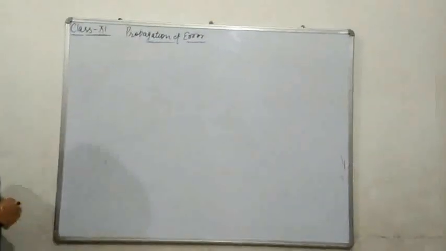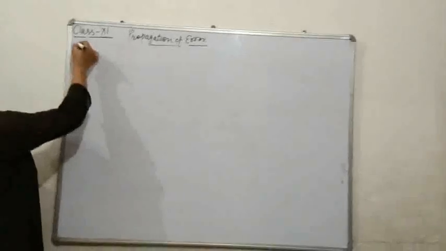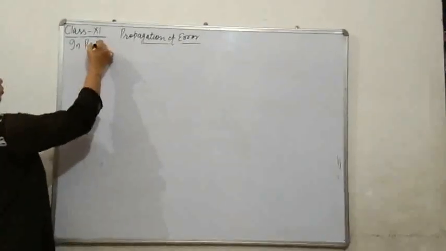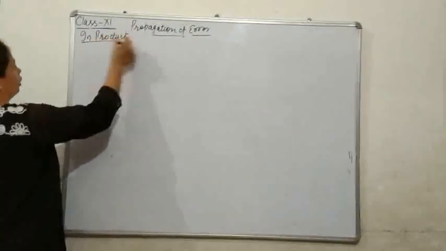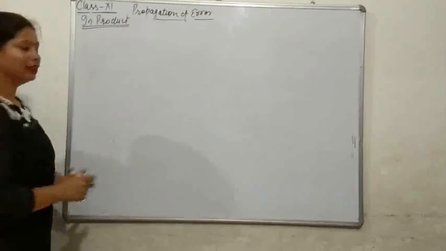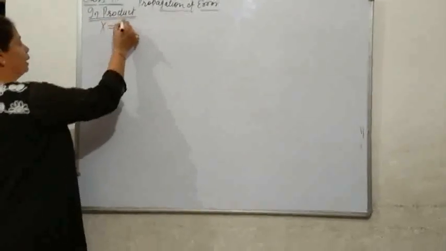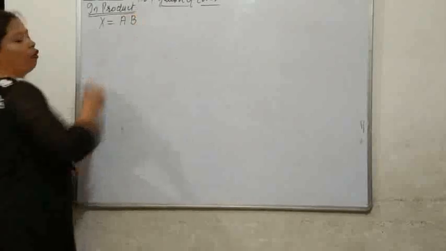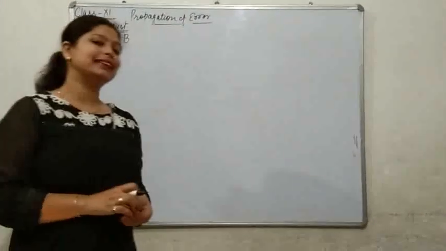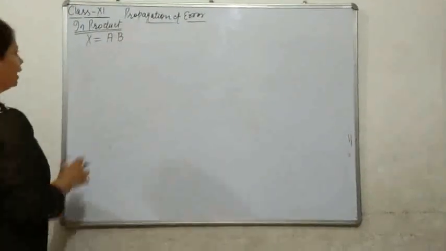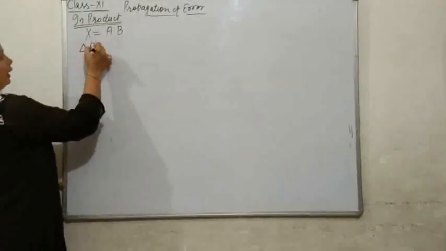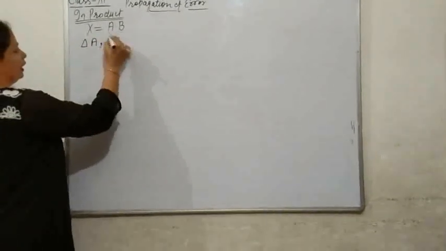Okay. Now it's the time to learn about propagation of error in product. Let us assume that x is a variable that is the result of multiplication of two terms, that is a and b, where during calculation a is having error delta a and b is having error delta b.